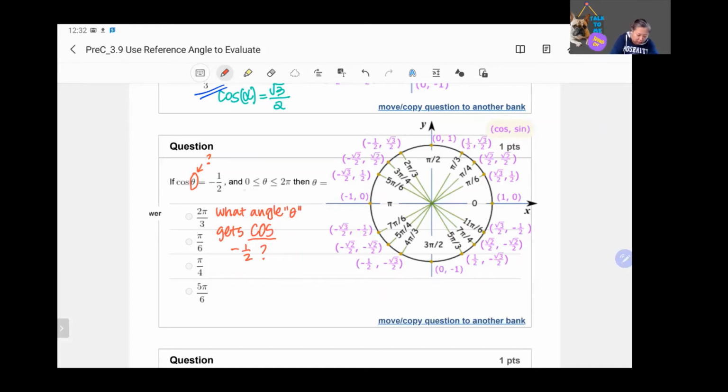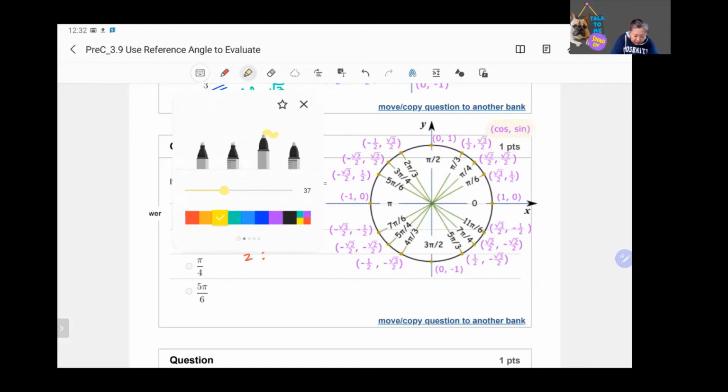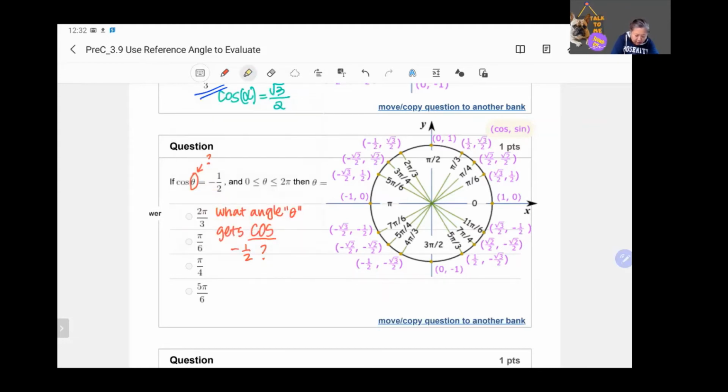And then also, it restricts theta between 0 to 2 pi. Technically in the unit circle, you can go as many times as you want through the circular motion. If you start from 0 and go all the way once, this measures 2 pi.